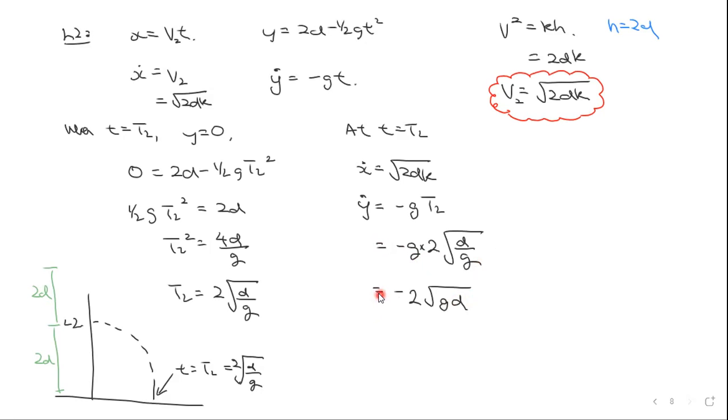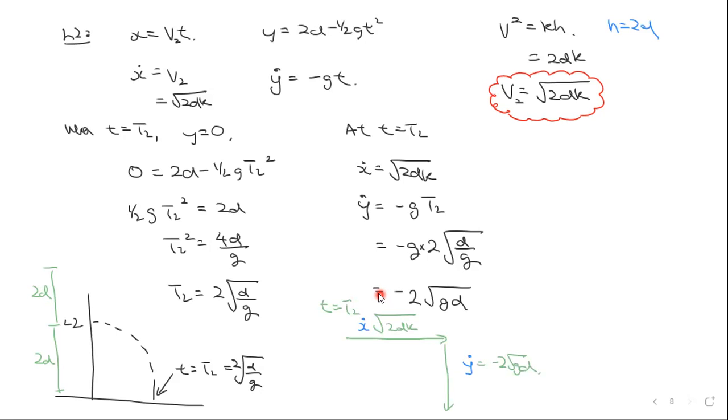So what we're really saying at this point is that at t equals t2, you've got the square root of 2dk as the x dot, going across, and the y dot going down, which equals negative 2 root gd.